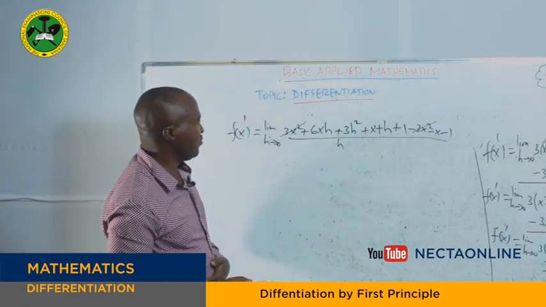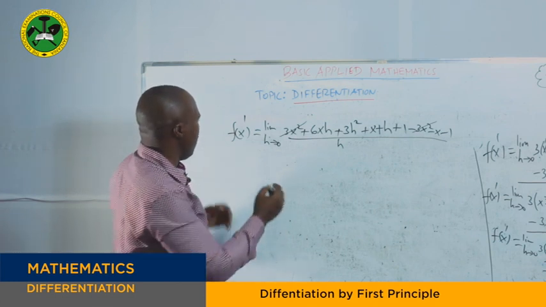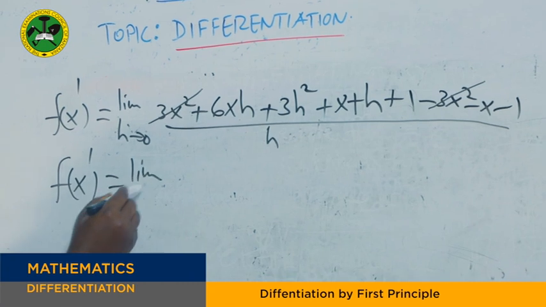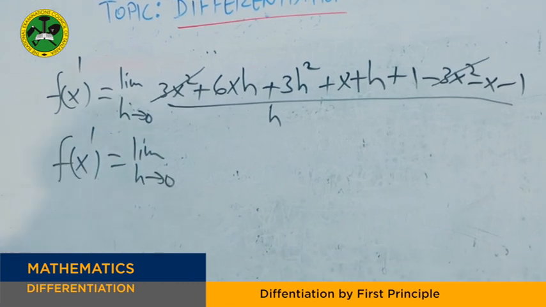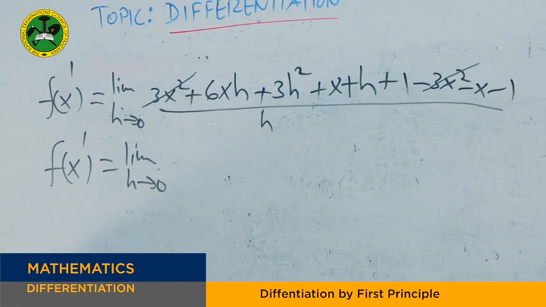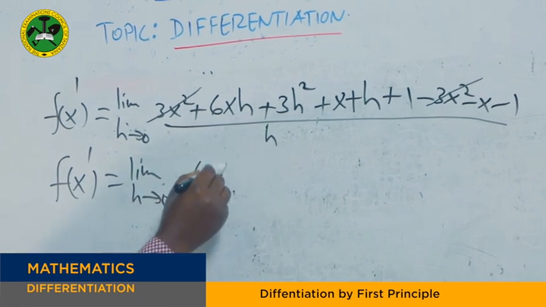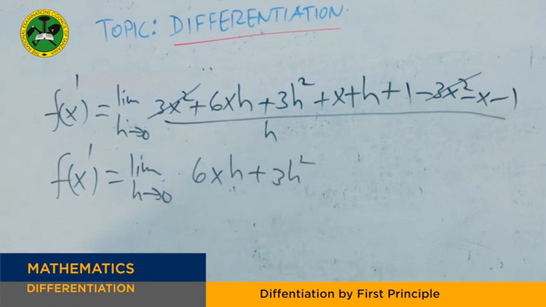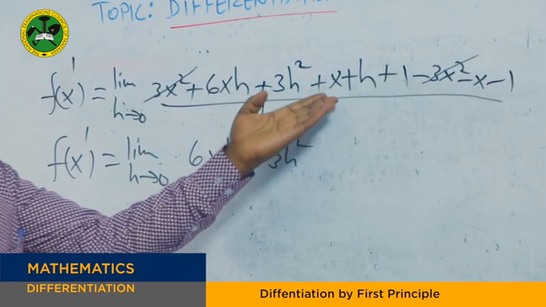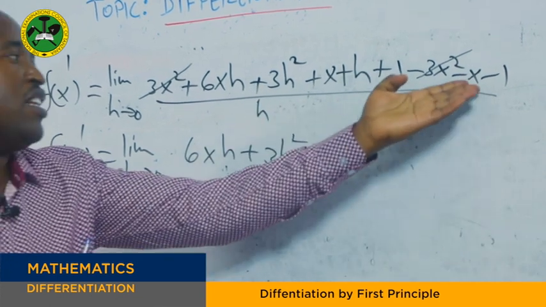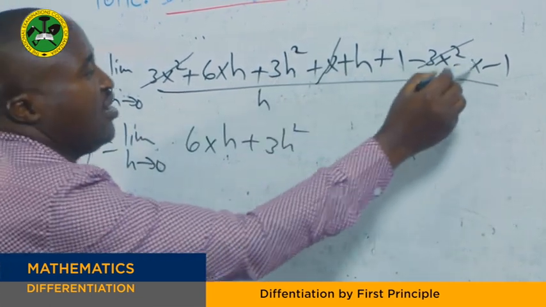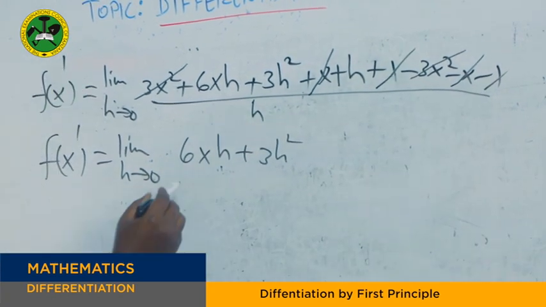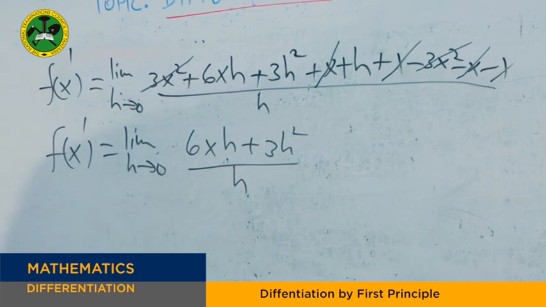And again, f'(x) is equal to the limit as h approaches 0 of 6xh plus 3h squared, because we have positive x minus x, and we have positive 1, negative 1. So this one divided by h.